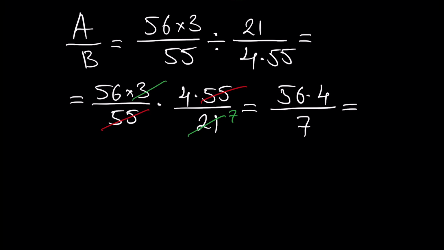And 56 is 8 times 7. And we can divide both sides, and here we have 8. So the final answer of our problem is 8 times 4, which is 32.